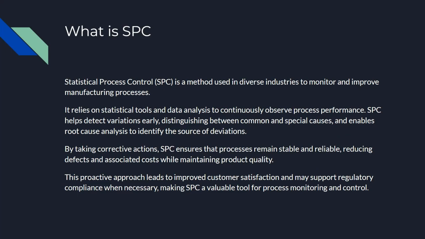By taking the correct actions, SPC can ensure processes remain stable and reliable, detecting any defects associated with a product, either in cost or anything within those variations. In this presentation, we're going to go over some of the tools that SPC uses.